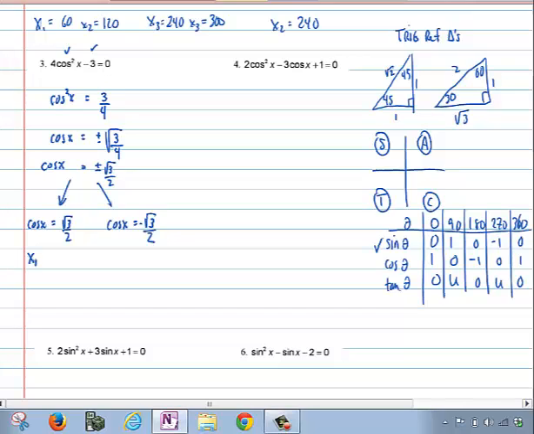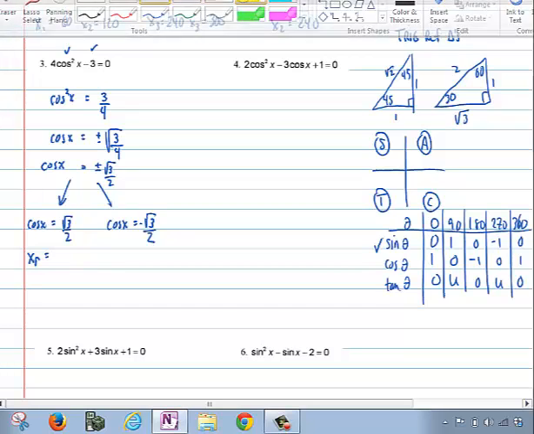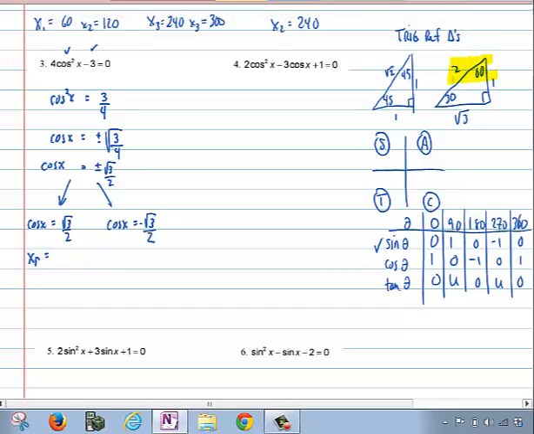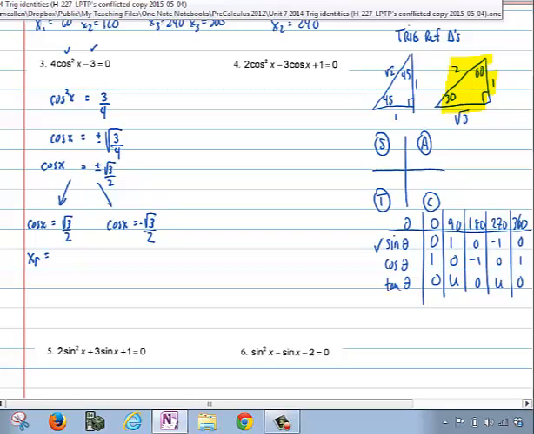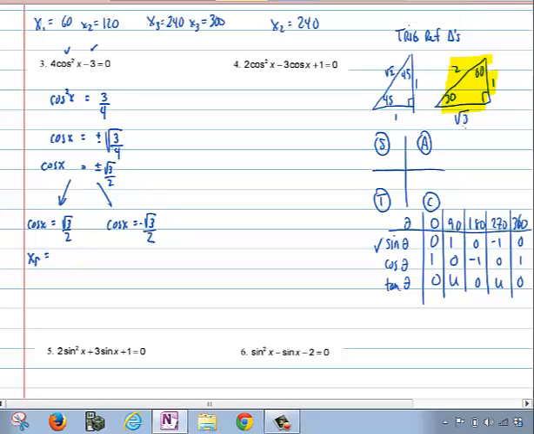So now we get into what is the reference angle. Well, we look over at the 30, 60, 90 triangle, and we see that our cosine ratio is root 3 over 2. So if it's root 3 over 2, then the reference angle for cosine would be 30 degrees. And then that means we have a 30-degree angle in a positive quadrant for cosine.